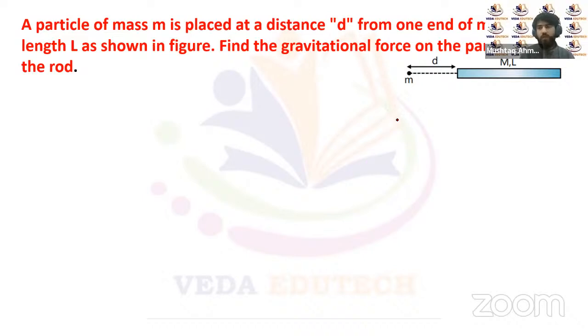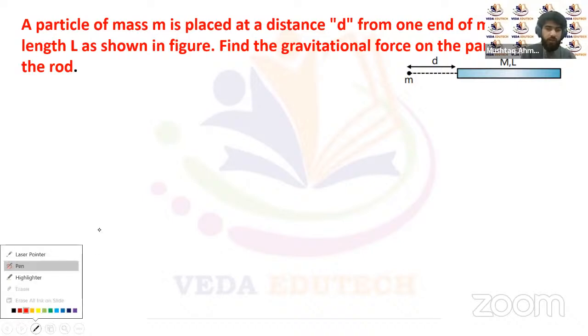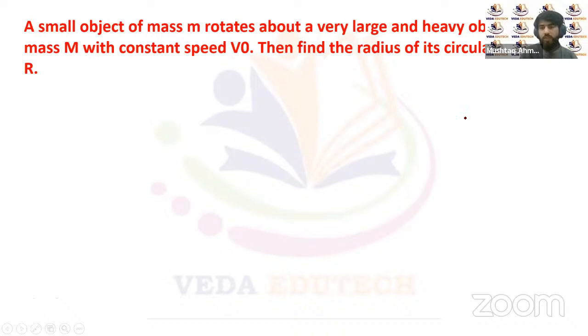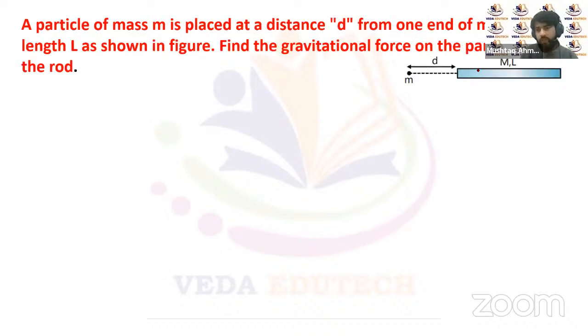Find the gravitational force on the particle by the rod. Now let's suppose we try to find the net force because of this rod on this particle of mass m. Since it's not a point mass distribution, it's a continuous mass distribution, what we will do is take, at a distance of x, an element dx of mass dm.